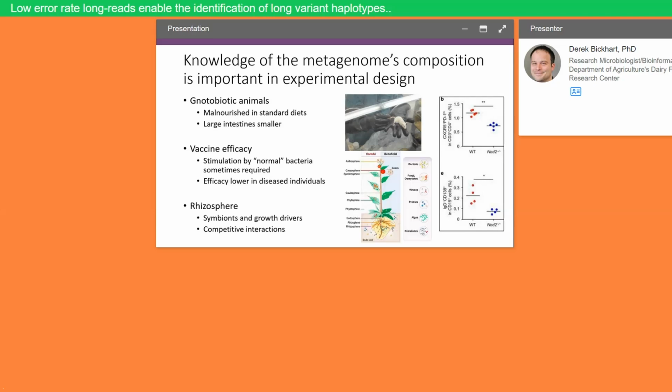And finally, I would like to point out that even though a lot of our data comes from these sorts of model organisms, metagenome complexity and influences exist across the entire spectrum of environmental and living species. There are many symbionts and competitors that will actually cause changes in growth of many different species based on the presence and/or absence.